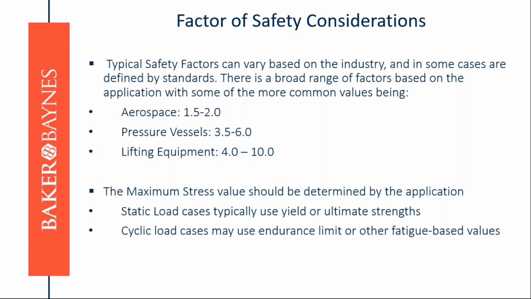So the aerospace, again, it's between 1.5 and 2. Pressure vessel design, 3.5 to 6, and lifting equipment between 4 and 10. As you can see, when it becomes more hazardous to close proximity working, you'll find that the safety factors get higher. That's not generally the case, but you'll find that being the most common trend between that, right?